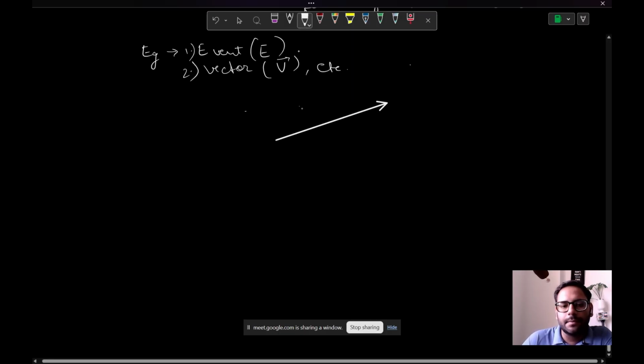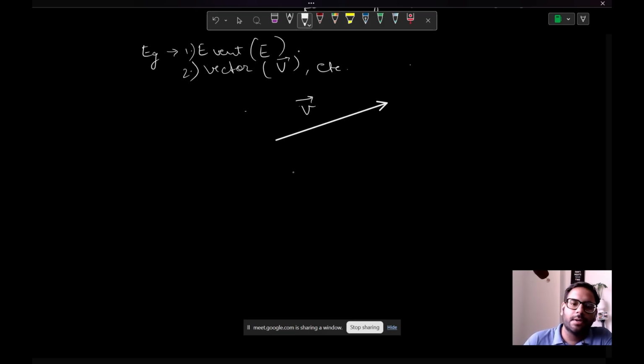It is a geometric object, and we usually define it by a magnitude with some unit vector.